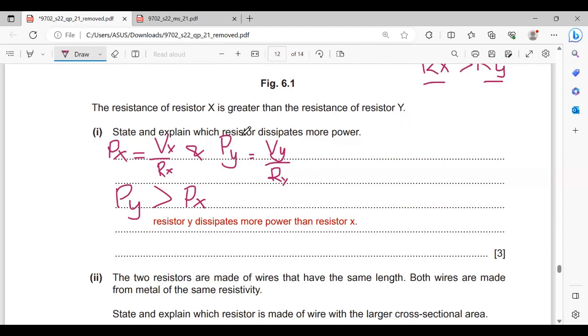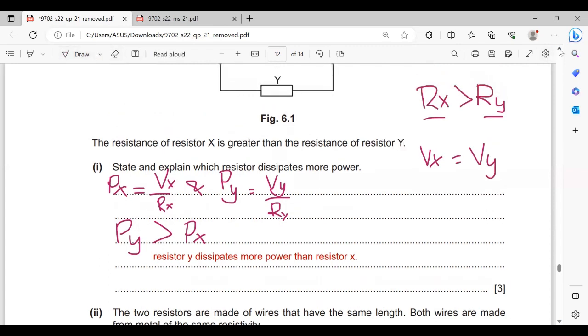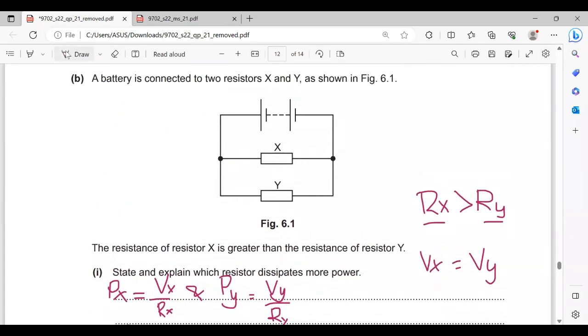Because Vx equals Vy in this condition. If you look at this, if you calculate from this point and this point, they have the same potential difference.